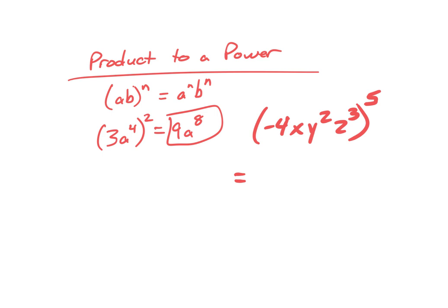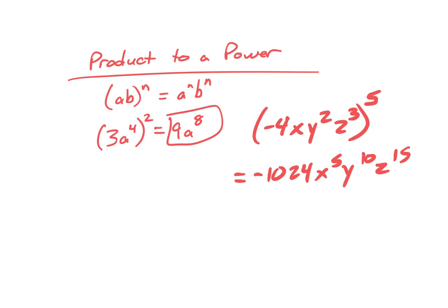Okay, positive or negative? Negative. Negative, okay. Negative 1,024 x to the 5th, y to the 10th, z to the 15th. Do we have any negative exponents? Nope, we're done. We have a negative number, but that's okay. Negative numbers are okay. Negative exponents are not okay.